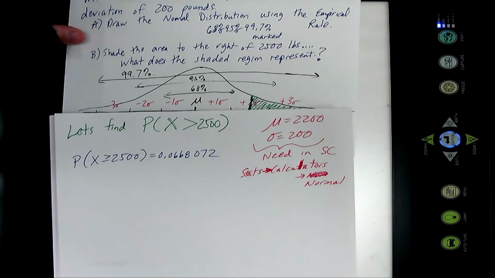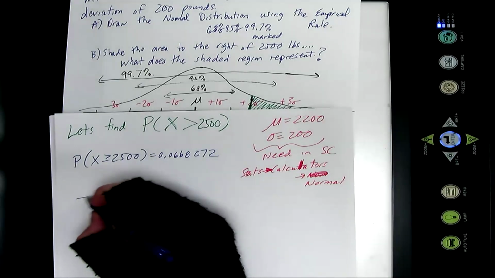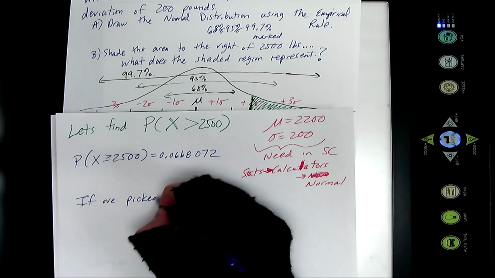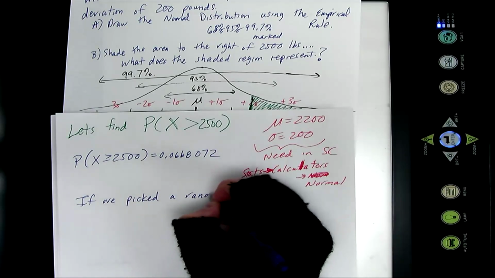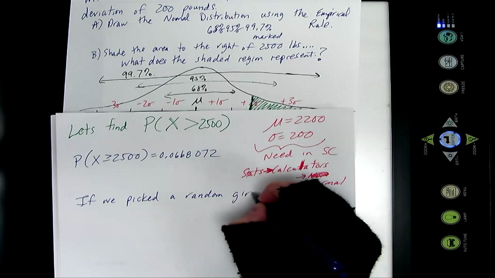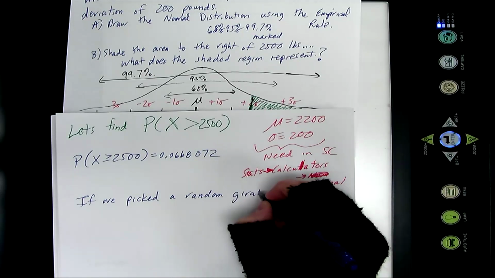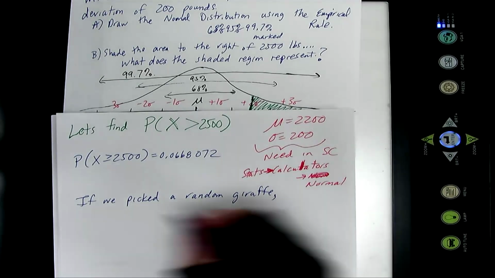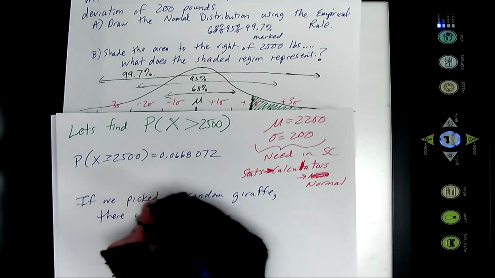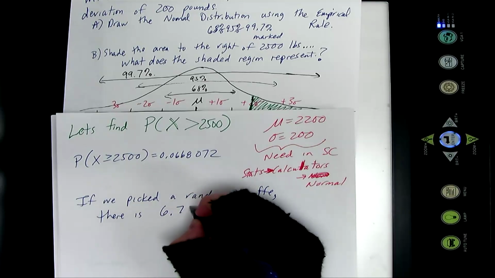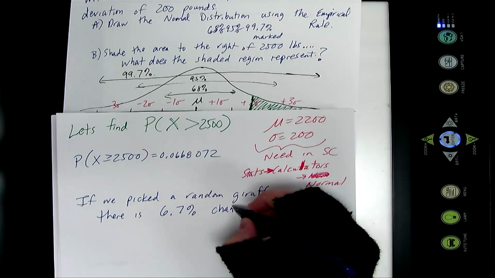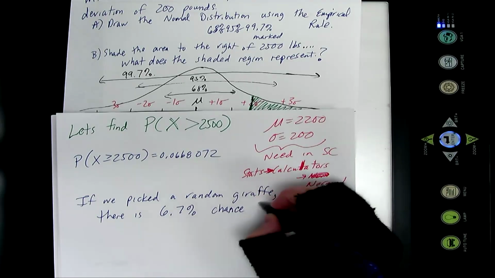Pick a random giraffe. There's a 6.7% chance that it will weigh over 2,500 pounds. We picked a random giraffe. That seems like a valid rounding. 6.7% chance that what? That it weighs over 2,500 pounds.